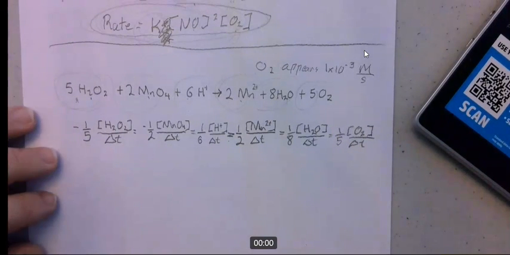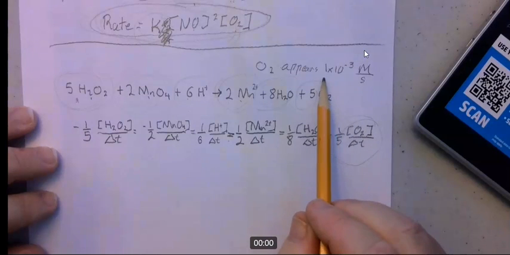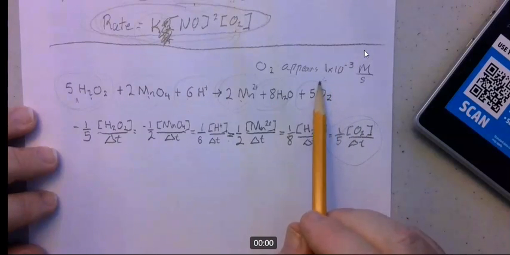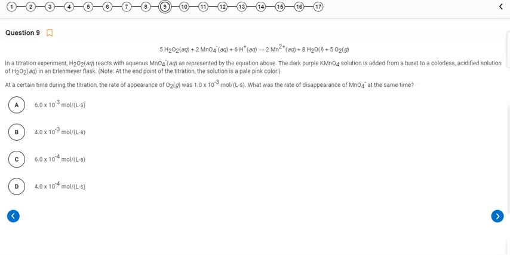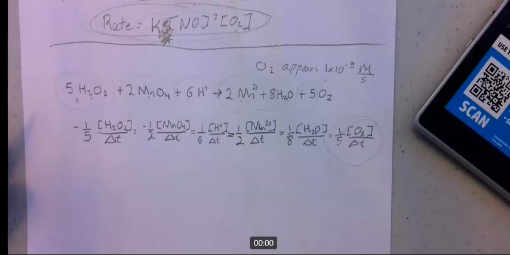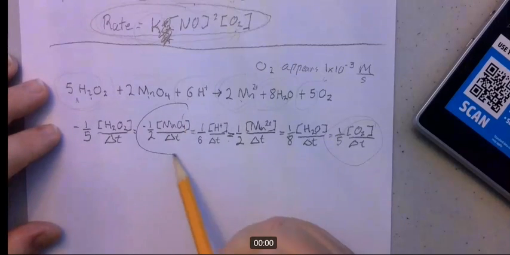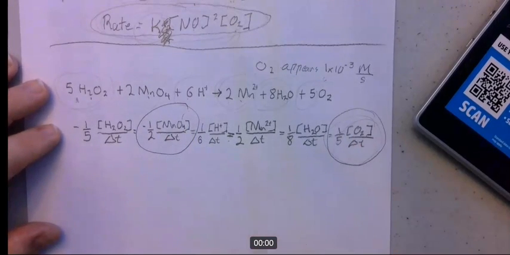So what did they give us? They told us that this appears at this rate right here, and they want to know the rate of disappearance of MnO4. So we're only interested in this one and this one right here. We're going to set those equal.